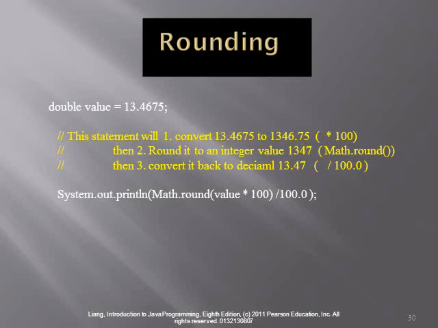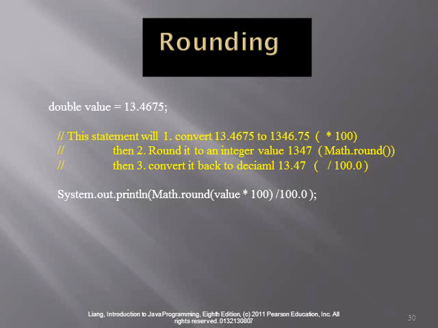1347 as an integer. Now we need to divide by 100 as a double to finally get back to 13.47. If we simply used 100, remember that's an integer, and a math round returns an integer, and so an integer divided by an integer will yield only 13.